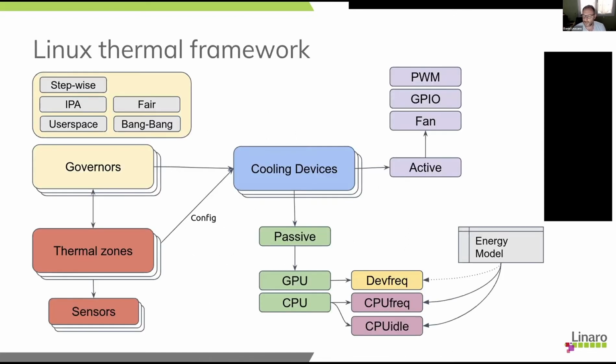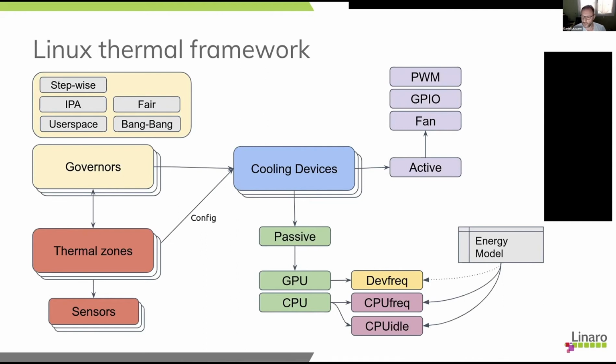So this is a quick overview of the thermal framework. Actually, it's not very clear in the figure. I should have put the thermal zone figure at the center. The thermal zone is the software component which is aggregating the governor, the sensor, and the cooling devices.